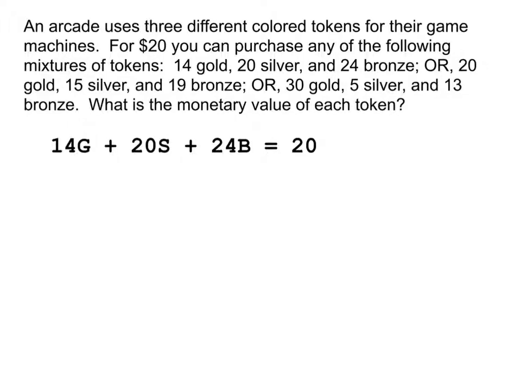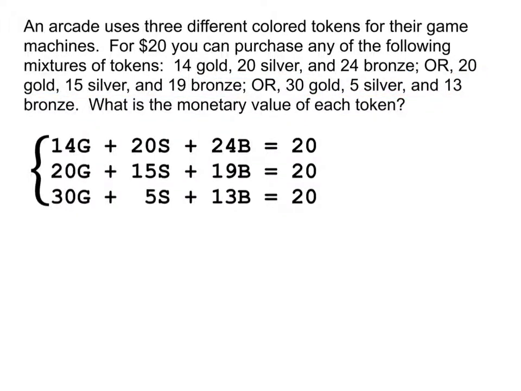Now, of course, I got that from taking this combination. I can do the exact same thing with the other two combos. So this combination and this combination will also give us equations. And if I take each of those and write them in equation form, then this is my 3x3 system.